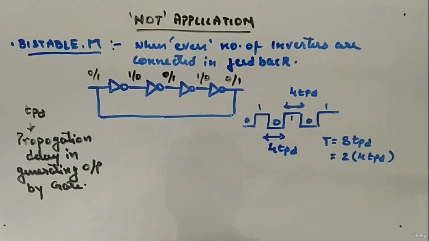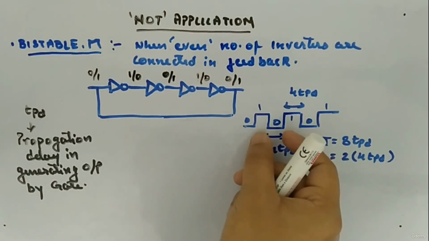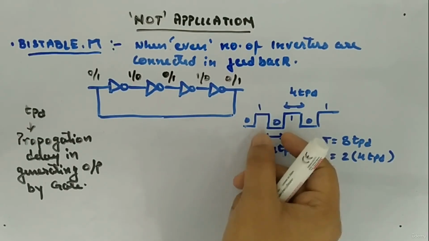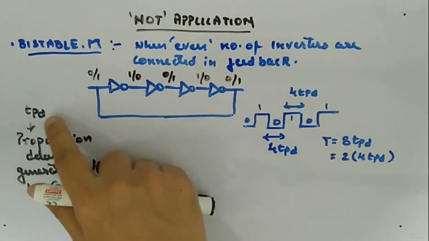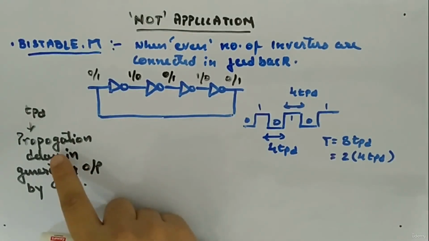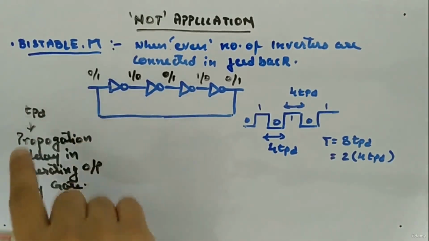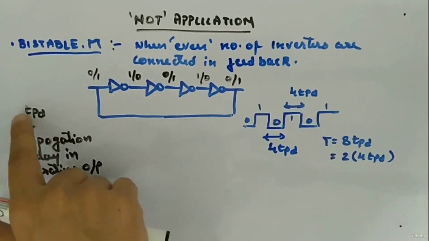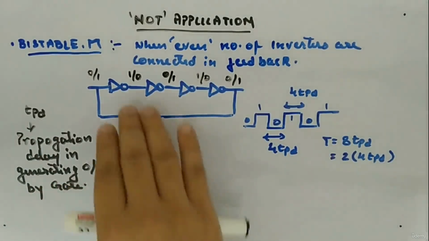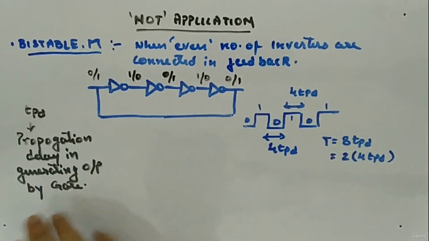Okay, and if you look at one state, how much time it will stay in that state depends on TPD, the time period for propagation delay. TPD means propagation delay: the time a gate takes to generate output.